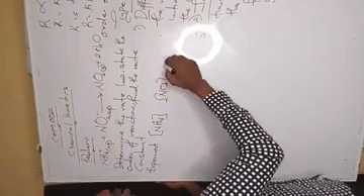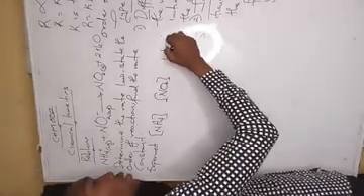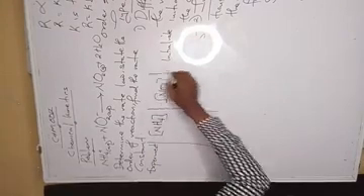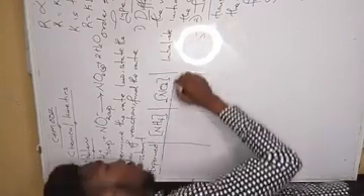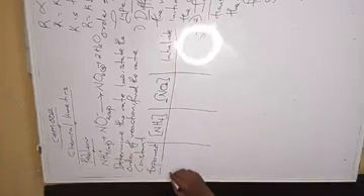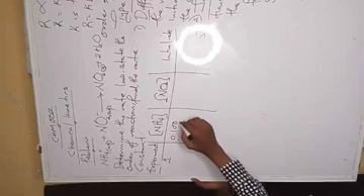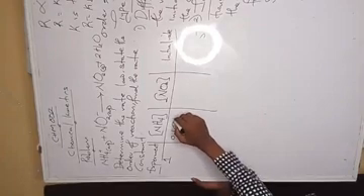For the first experiment, they give us values. The first value was 0.100 M. The unit is in molarity.